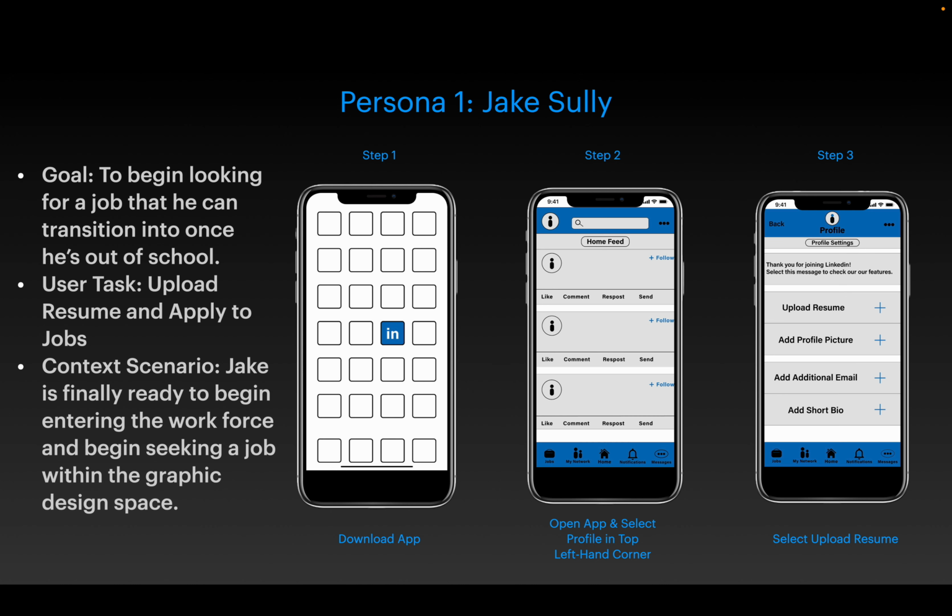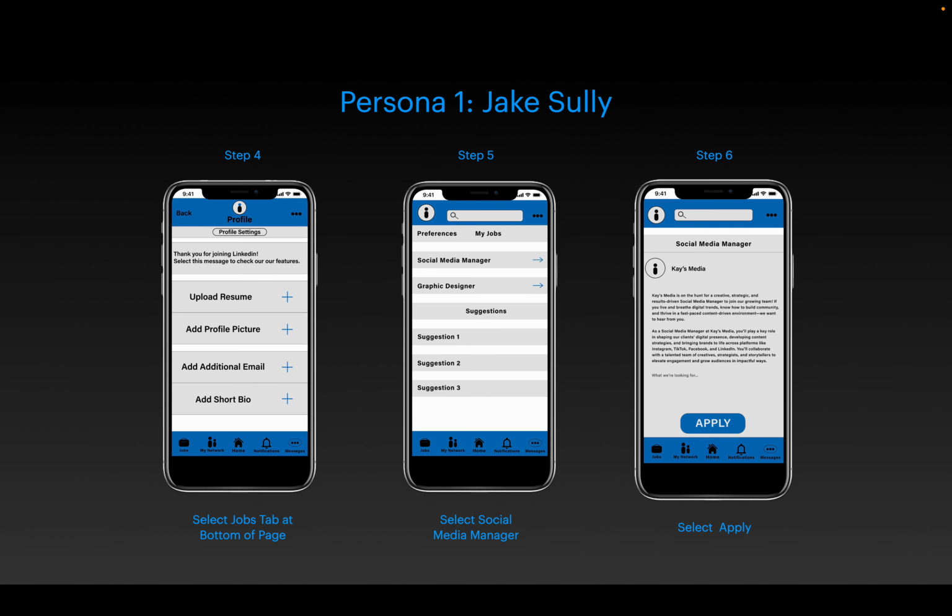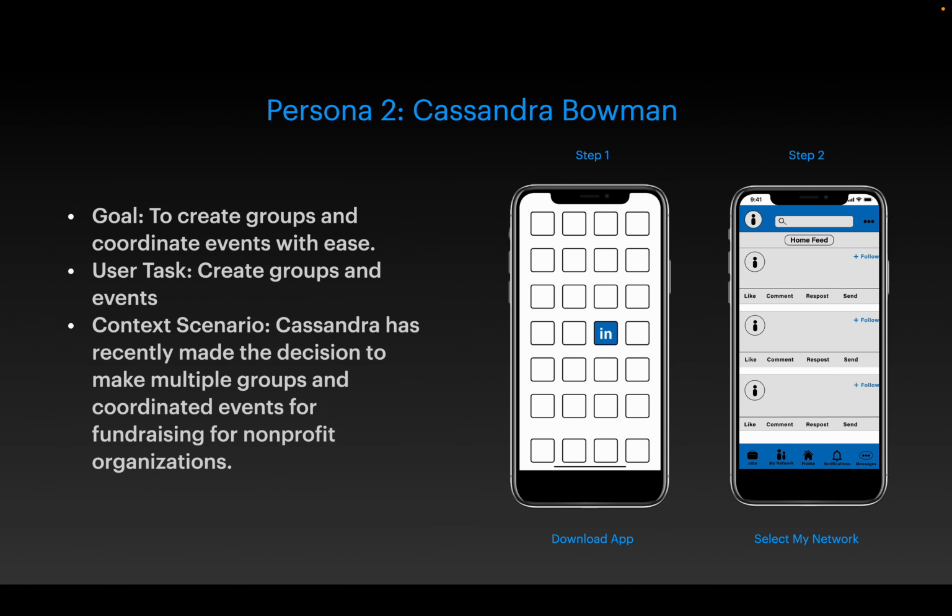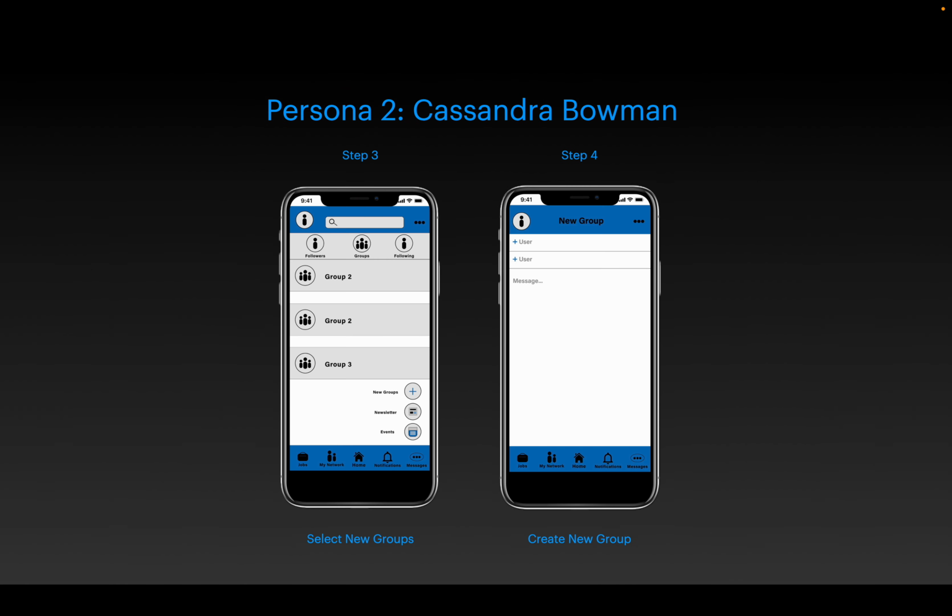I decided to keep the icons single color to once again make it feel a little more unified and simplistic. We go through all of the different user tasks through each persona.